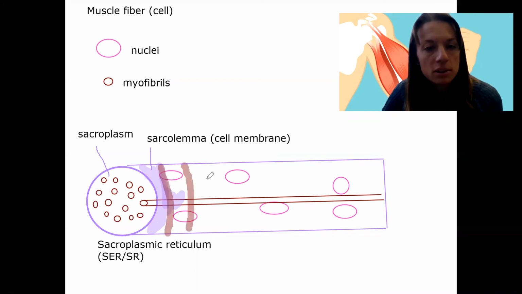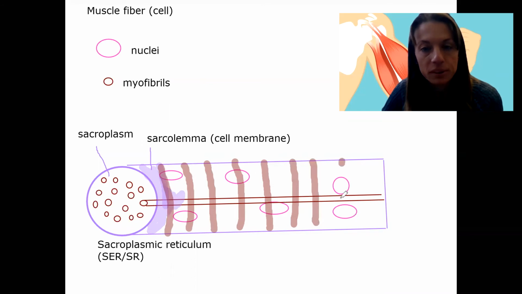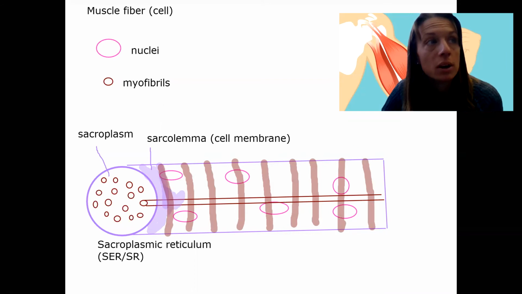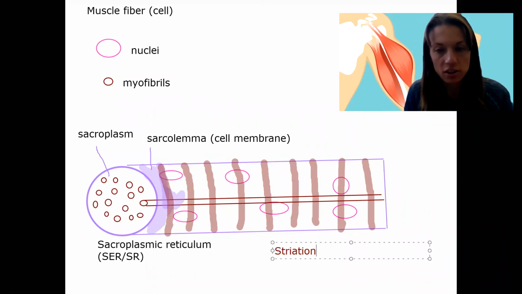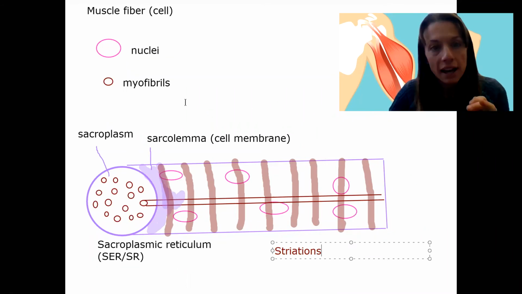These stripes, or striations, are due to the organization of the myofibrils and the organization of myofilaments within the myofibrils. We'll get to that in the next video, but I do want to label for you here, these are striations shown here.